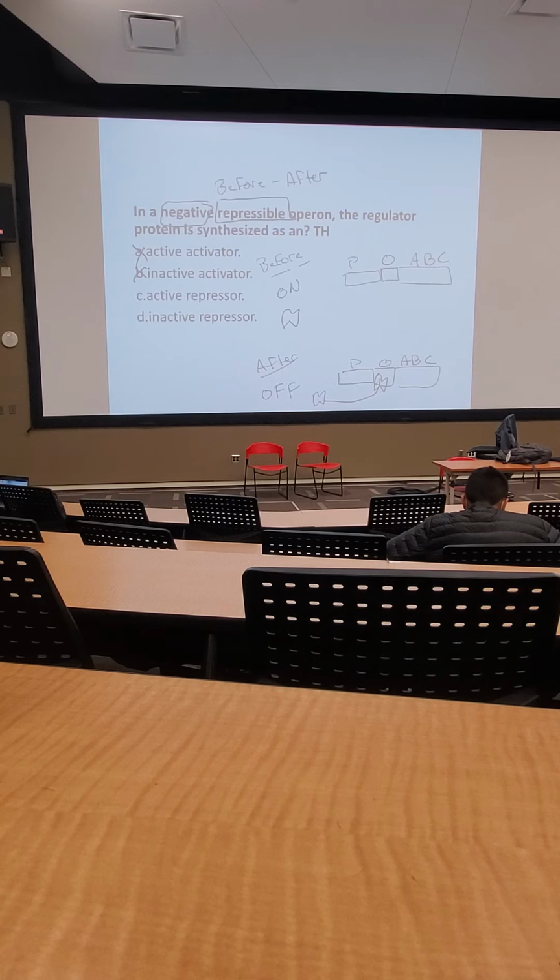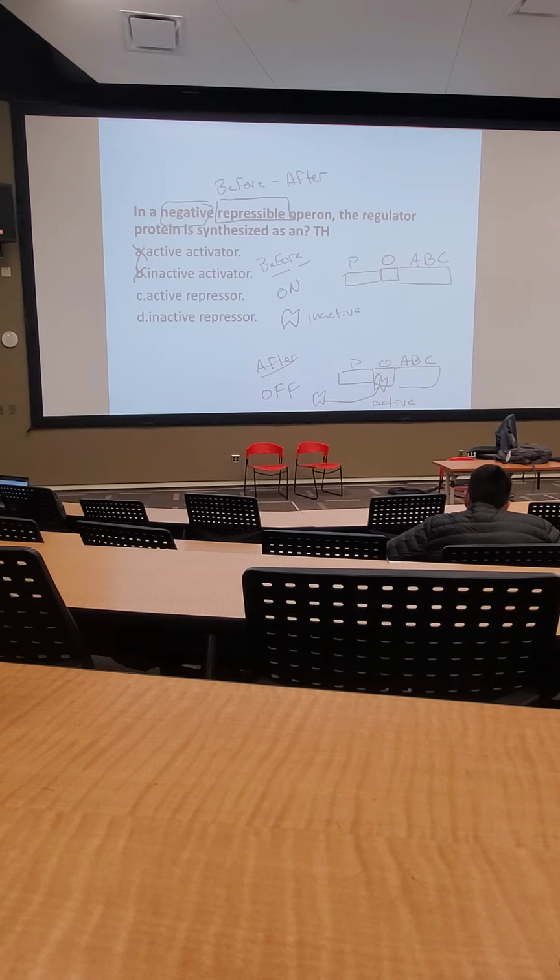Inactive. Yeah. So if we're thinking of activity, its job is to repress and negatively control. Here it is inactive. Once it binds, it becomes active due to the presence of a co-repressor. So there was a conformational change in this protein.